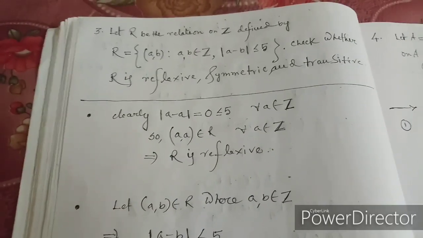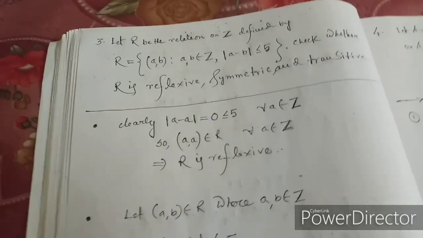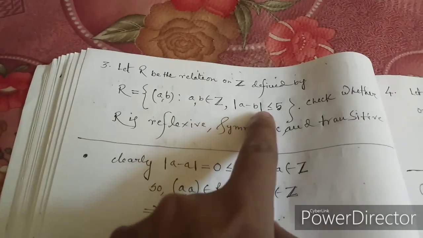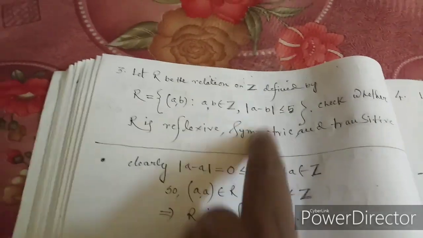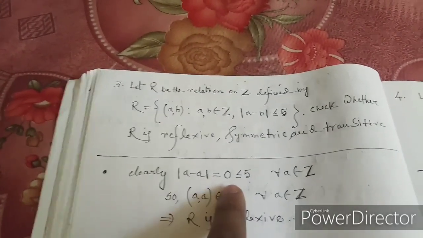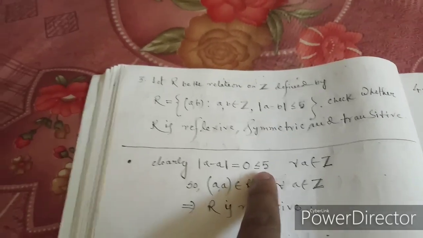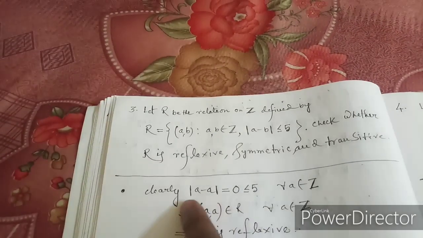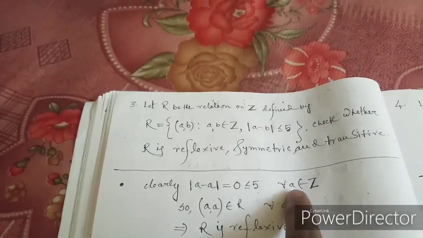So that 0 is less than or equal to 5. So this a and this b are equal, so we have a minus a equal to 0, and that 0 is less than or equal to 5, and this inequality holds for any integer a belonging to Z.